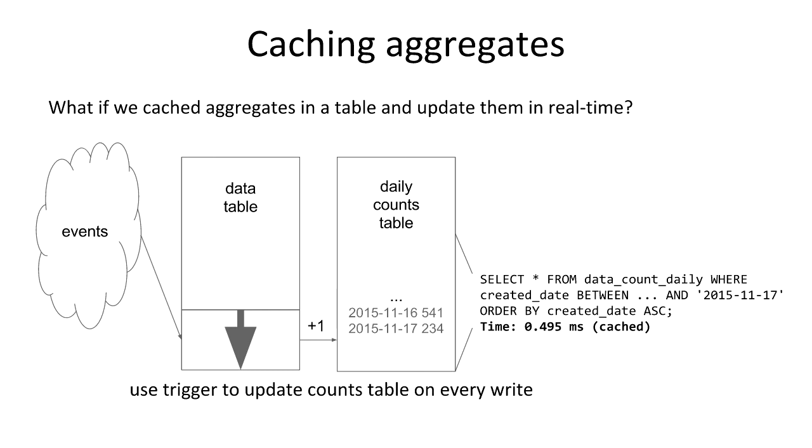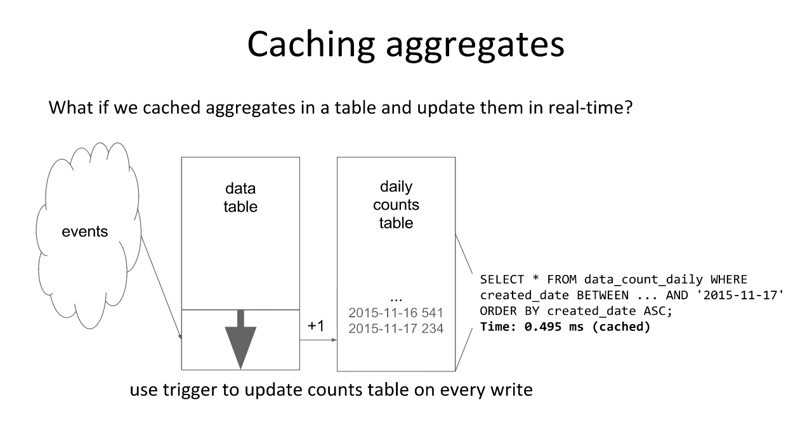So the absolute most simplistic way we can do this for the simple data count daily table that we have created earlier would be to, on every insert into the data table, update the count in the data count daily table, because then it will always be up to date.